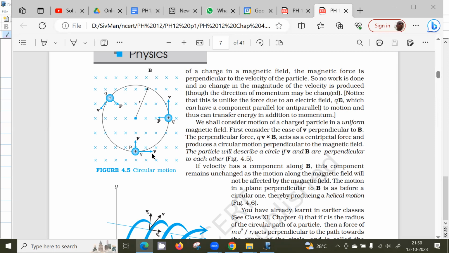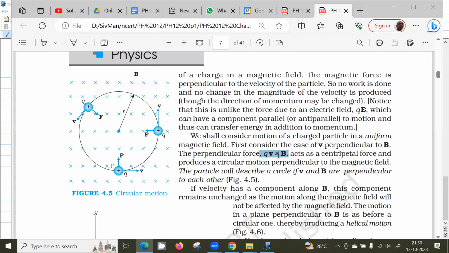So there will be a force qv cross B. The direction of force you can figure out. v is towards the right, and B is into the plane of the paper. So I get the force direction as inwards, towards the center. So it will make a circular path in the anticlockwise direction.